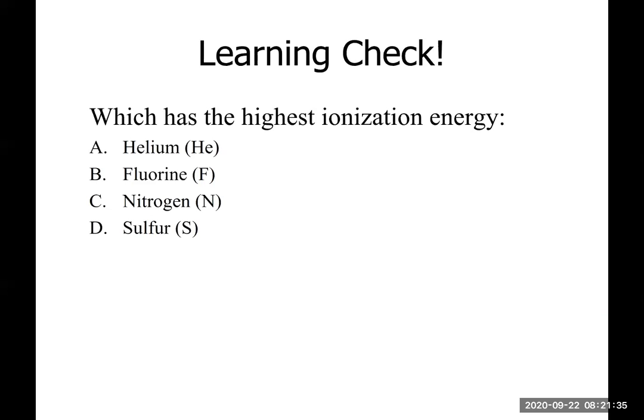So talking about ionization energy, it increases from left to right across the periodic table and bottom to top on the periodic table. So it's going to be this northeast corner that's going to have the highest ionization energies associated with them.